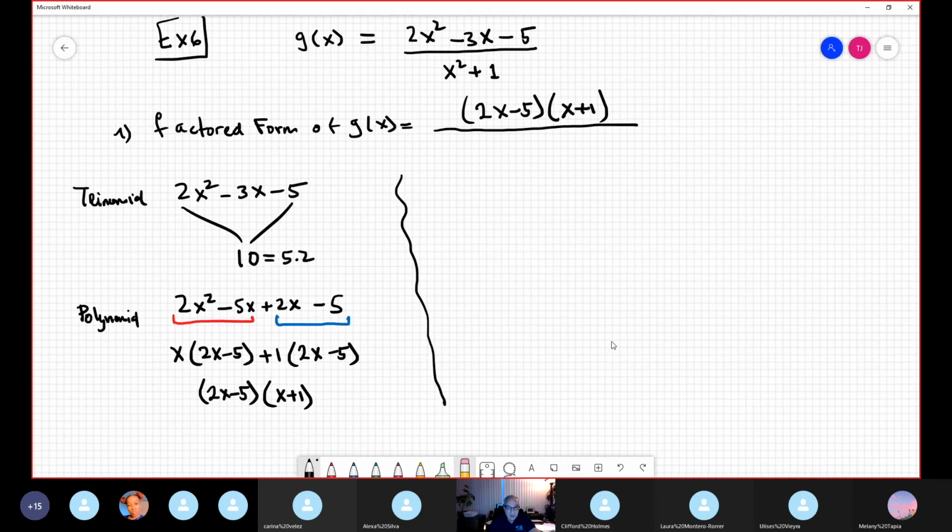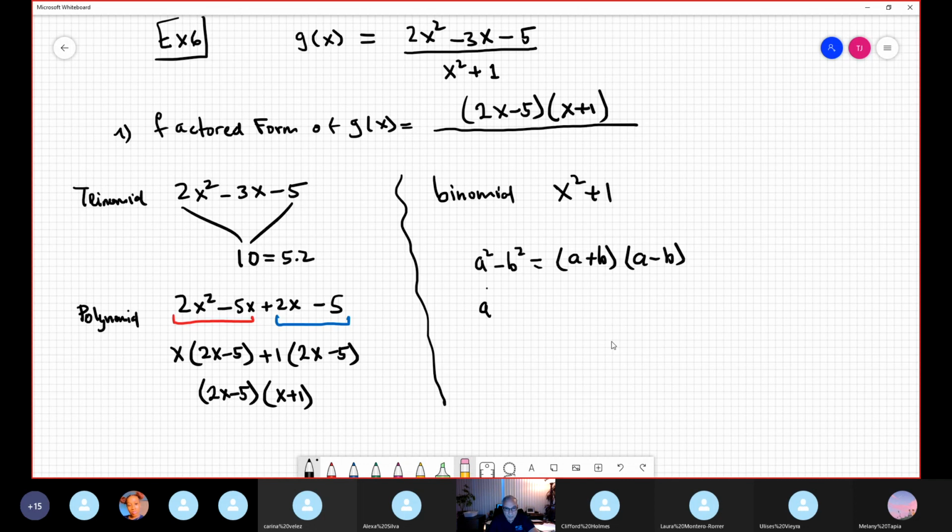And the binomial on the bottom is x squared plus 1. Not good. Because I know the difference of squares, when it's minus, the factorization is a plus b, a minus b.